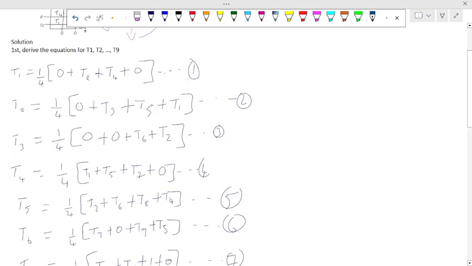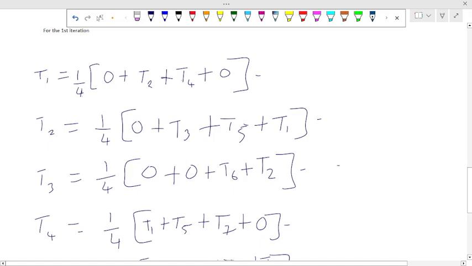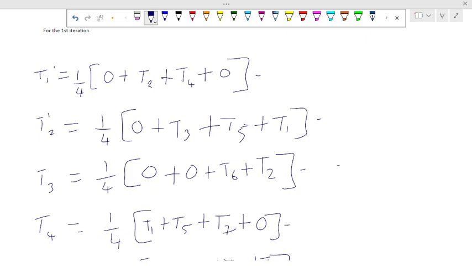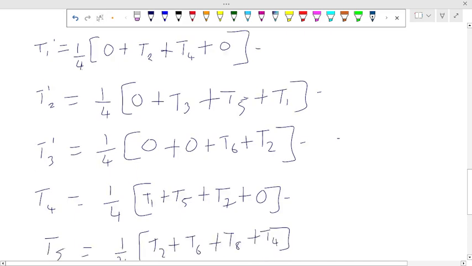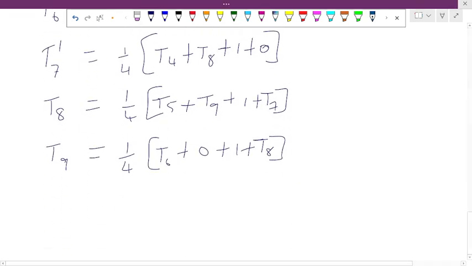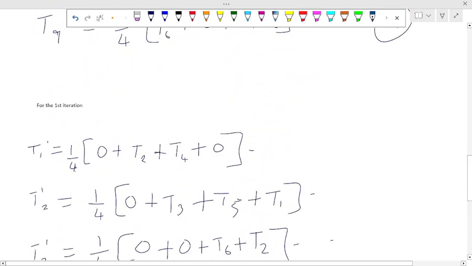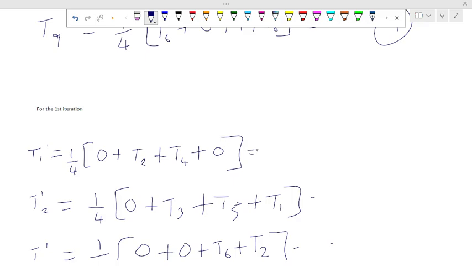So for the first iteration, note that since we are dealing with the first iteration, we are going to have this on top. First iteration. Just do that to know that we are talking about the first iteration.